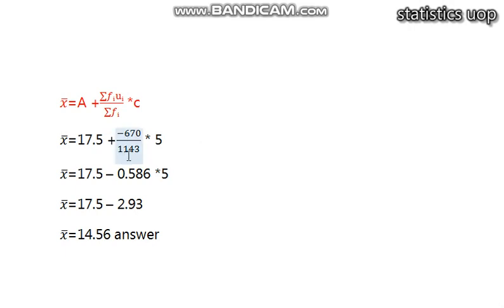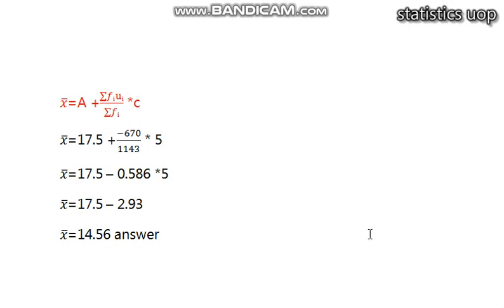So first we divide these two and we get minus 0.586. Multiply this 0.586 with 5, we get 2.93. So 2.93 subtracted from 17.5, we get 14.56, which is our mean value.